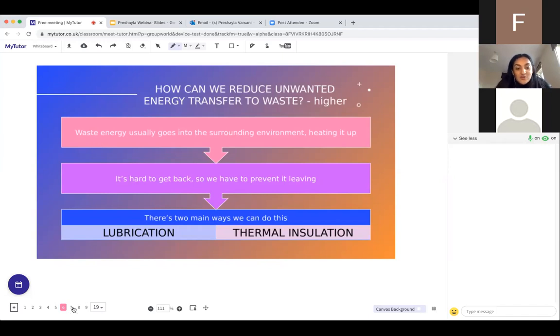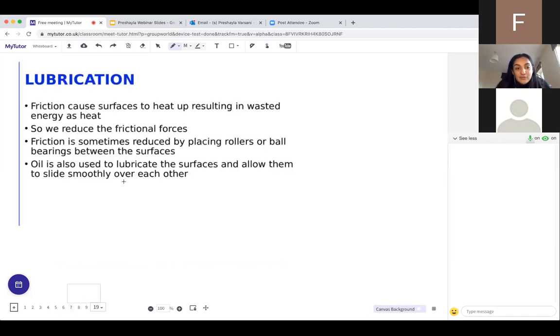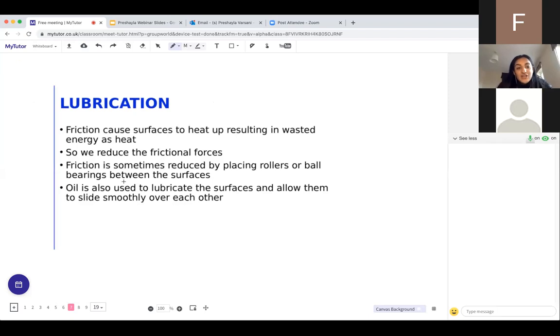So let's first of all go through lubrication. Lubrication is what we use to reduce the effect that frictional forces have in heating up, and we're trying to reduce the waste energy as heat.